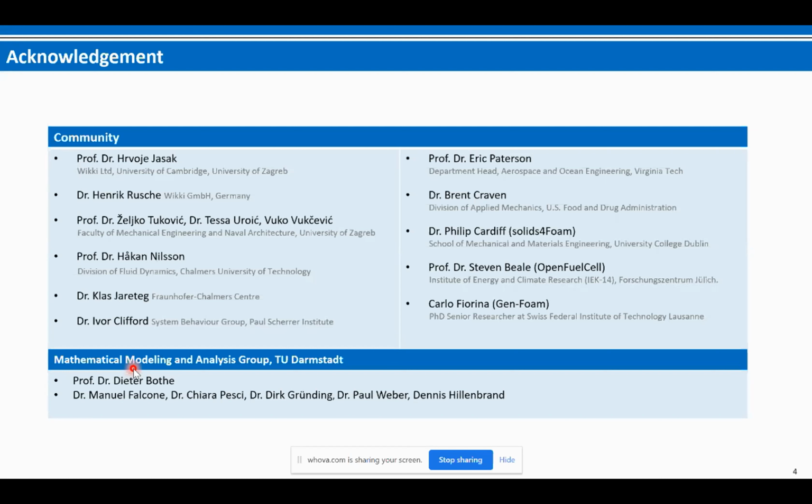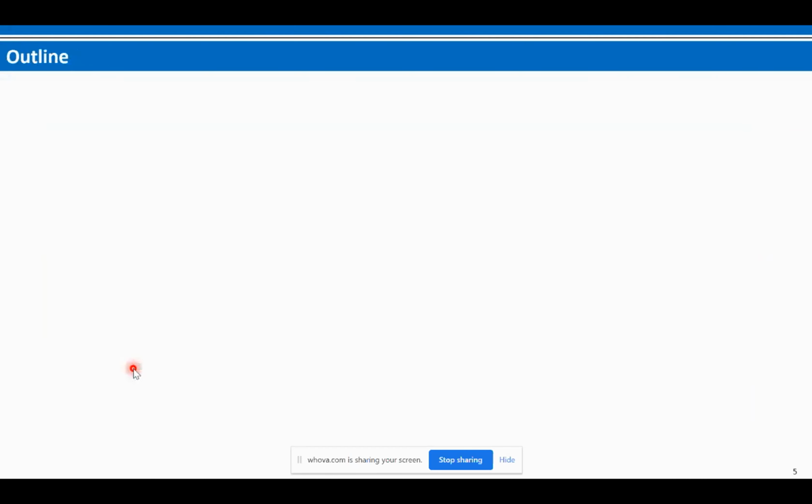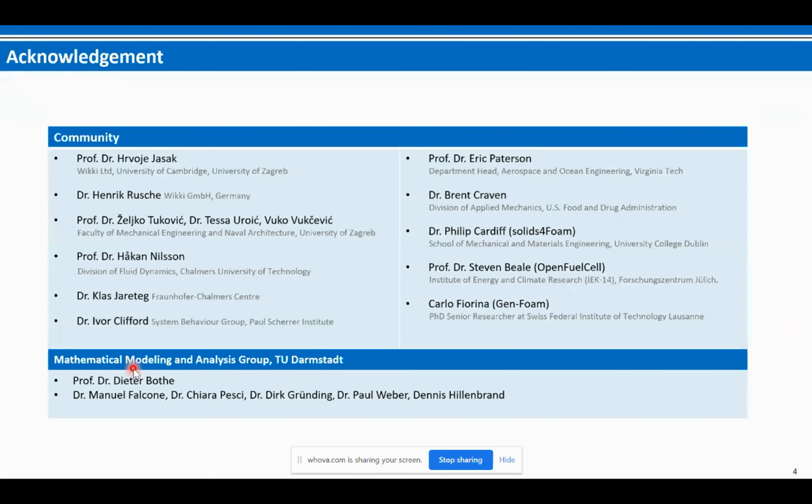We looked at the various developments of these people, which were dealing with different types of problems, and we have tried to devise from these developments a unified framework that could deal with all kinds of multi-region coupling problems. I hope I haven't missed anyone or misspelled the names.